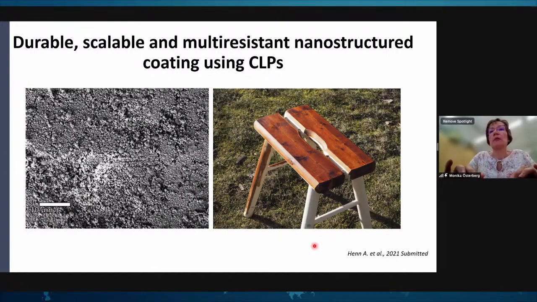This is also still unpublished results, so I'm showing just more of a teaser here that we can also prepare this in quite large amounts. So this stool here has been coated with this nanoparticulate coating.